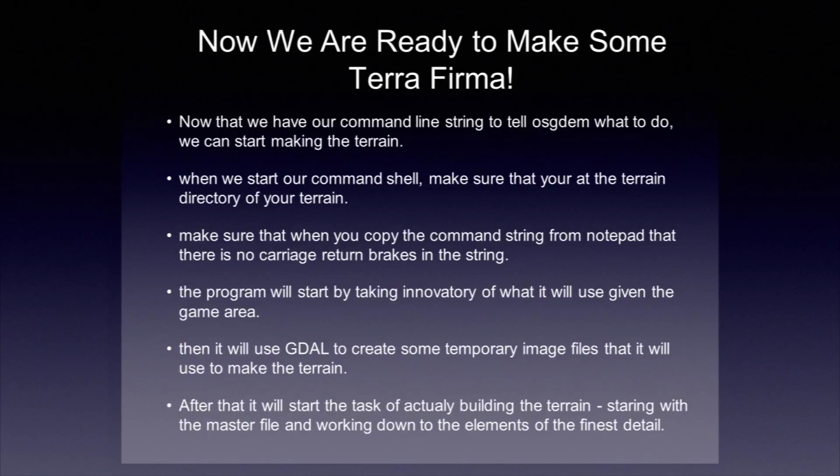When you do a copy for the command line string, you want to make sure that there are no carriage returns in the string. This will abruptly start the program prematurely and without all the commands to it, and will lead to probably some disastrous results.